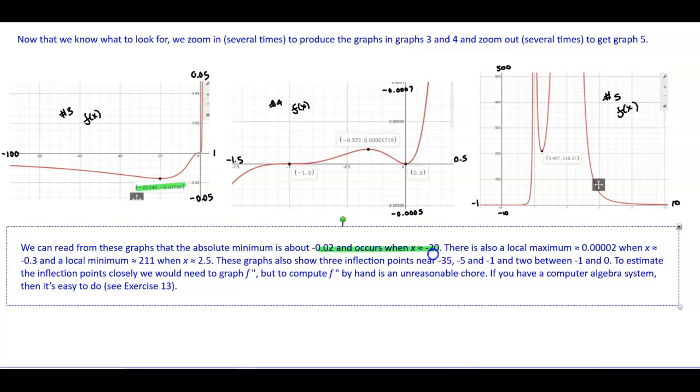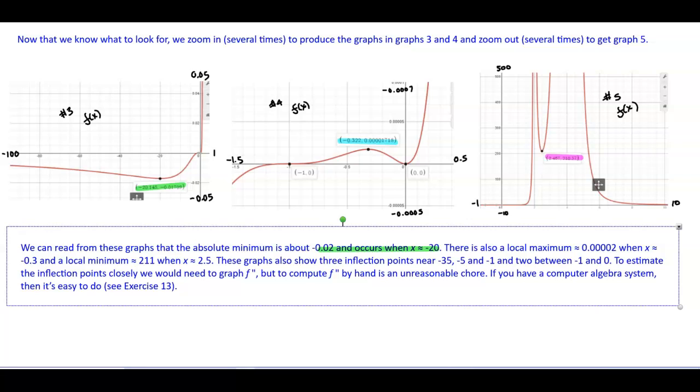There is also a local maximum of approximately 0.0002 when x is approximately negative 0.3, which we see there. And we also have a local minimum at approximately 211 when x is approximately 2.5.